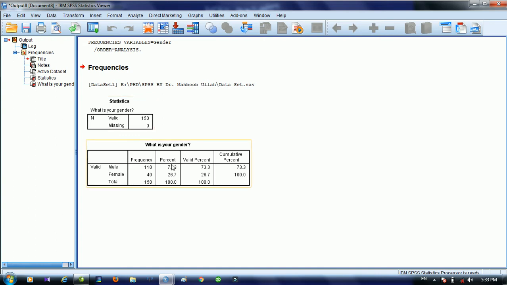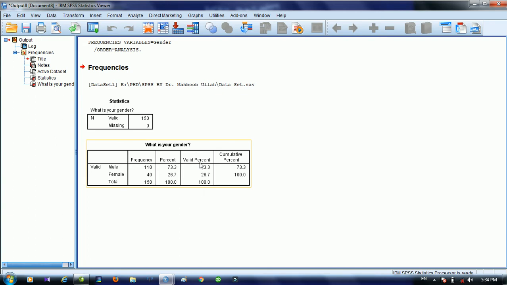So the percent column shows the valid and missing in aggregate. So we know how we got this figure: 110 divided by 150 multiplied by 100 is equivalent to 73%, whereas 40 divided by 150 into 100 turns to 26.7%, and the total is 100.